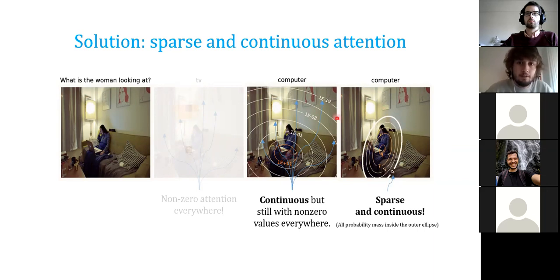And in this second case, the attention model is both continuous and sparse. And this sparsity allows us to single out the relevant features, assigning exactly zero probability to every region that is outside this outer ellipse here colored in white. So this means that all these regions outside this ellipse are not considered at all when generating the answer.